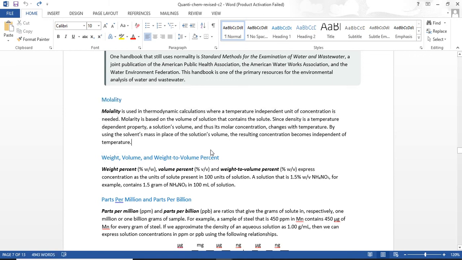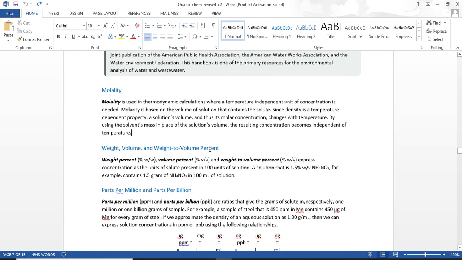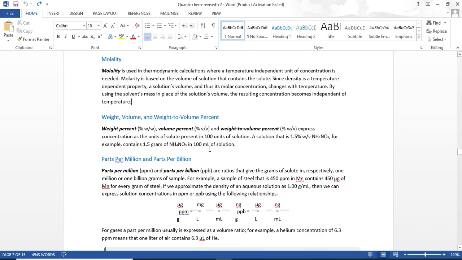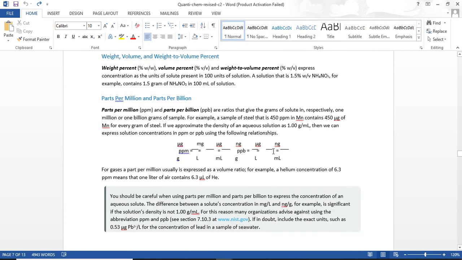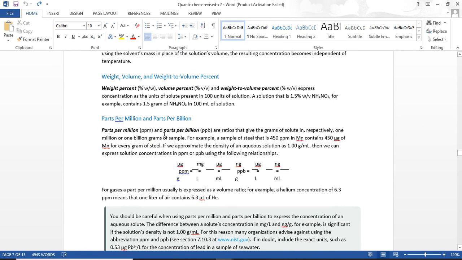Now you have weight percentage, volume percentage, and weight-to-volume percentage. The symbols are a bit confusing here. Weight percentage is percent weight per weight. Then you have volume percentage, percent volume per volume. And weight to volume is weight per volume.